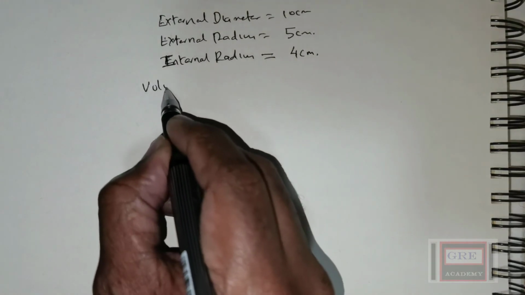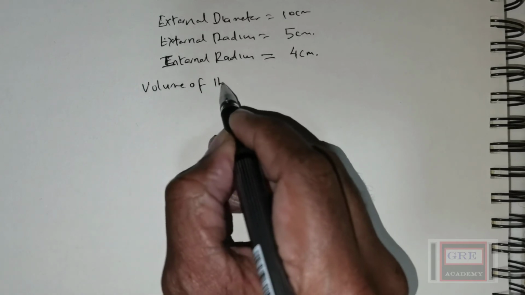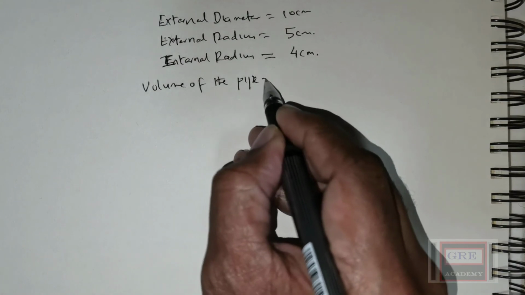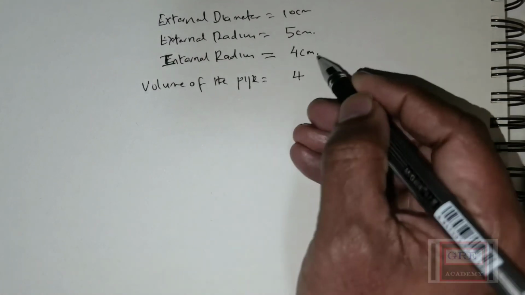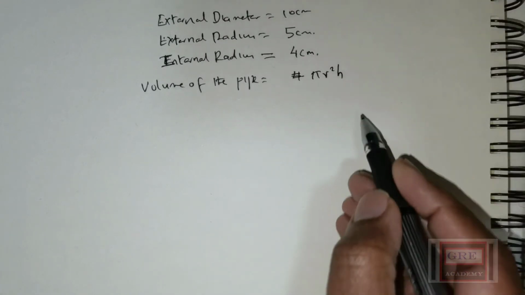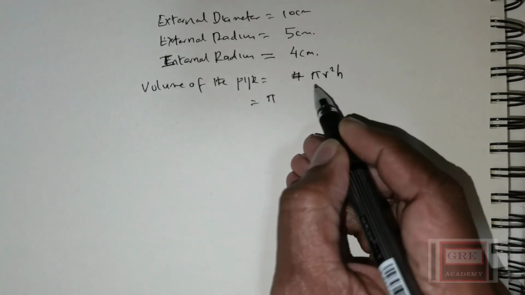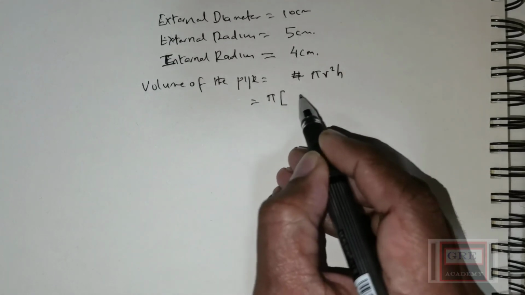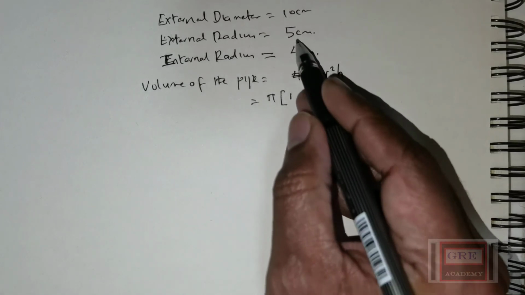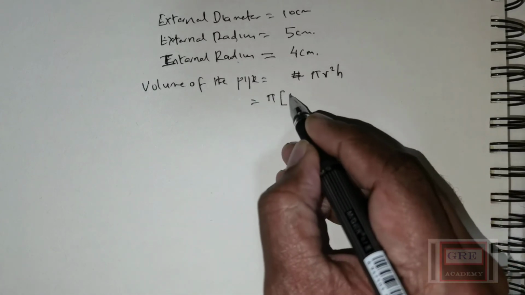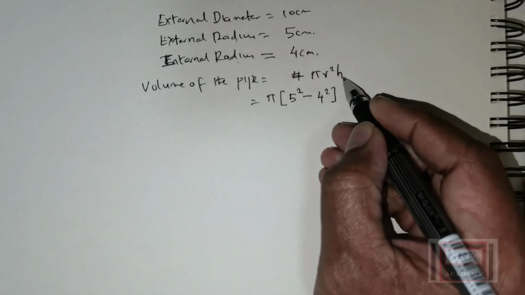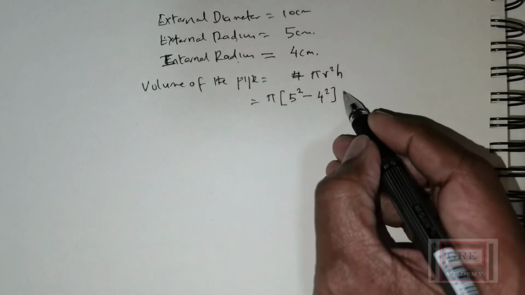Now let us find out the volume of the pipe. To find the volume of the pipe, we would be using the formula pi r squared h, because it's circular in nature. So this is equal to pi. Now for r squared, we would have to subtract the two radii squared. So it's going to be 5 squared minus 4 squared, multiplied with the h. The h is given to be 28.